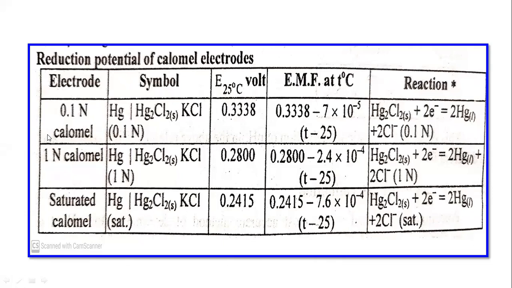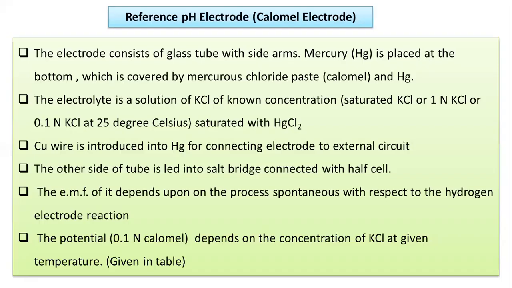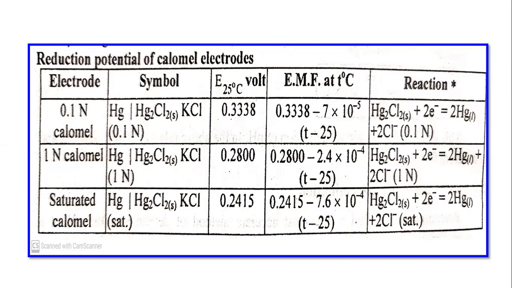Actually, we are using here 0.1 normal calomel, so the cell reaction is this, and the EMF for this cell is standard, that is 0.338, and this is the reaction in this 0.1 normal KCl solution. So depending upon the different use, we will have a different EMF calculation. So this is the particular functioning of the reference electrode in combination with the saturated KCl solution or 0.1 normal KCl solution.